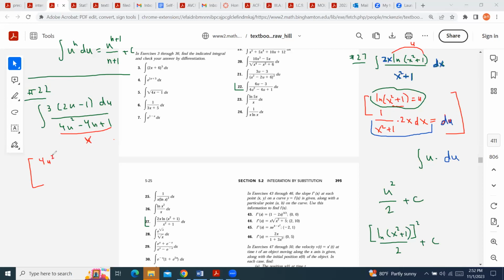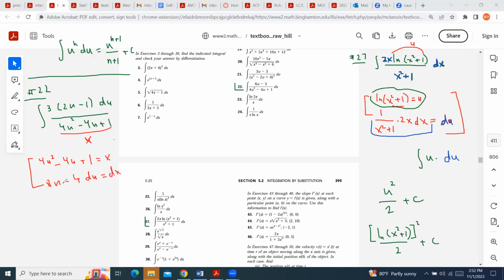So I replace 4u squared minus 4u plus 1 with letter x. Then I take derivatives, so it'll be 8, 4 times 2 is 8, multiplied by u minus 4, right? u disappears. And this is equal to dx after I attach du to it.